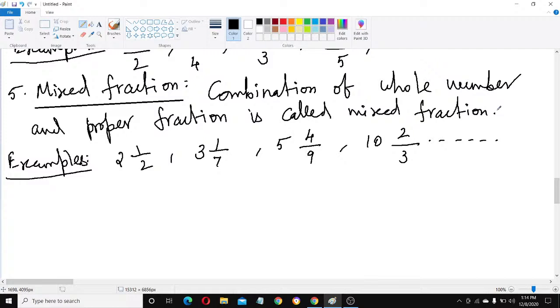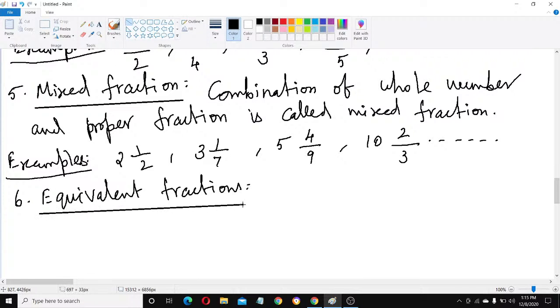Now next type, equivalent fraction. What is equivalent fraction? When we multiply the numerator and denominator by same number, we will get the equivalent fraction.